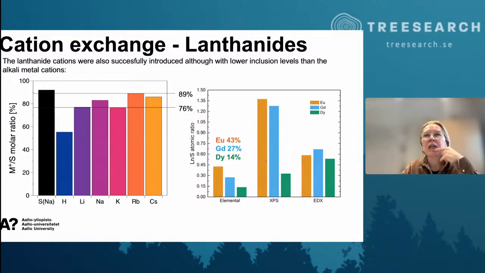So we can see that the detected inclusion levels seem to be higher with the XPS than with the elemental analysis, but because it's a more surface sensitive method, we could think that the inclusion is on the surface of the crystals, which makes perfect sense because we wouldn't assume that these salts are able to penetrate the very impermeable cellulose nanocrystal substrates.